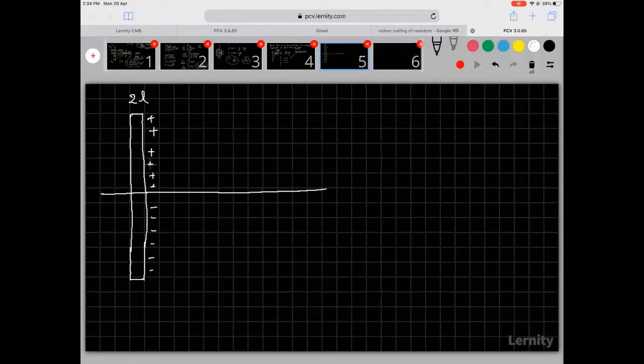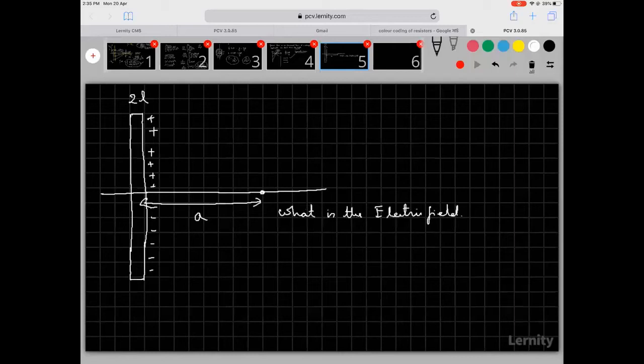My question to you is, at a distance A, what is the electric field at a distance A from this system?